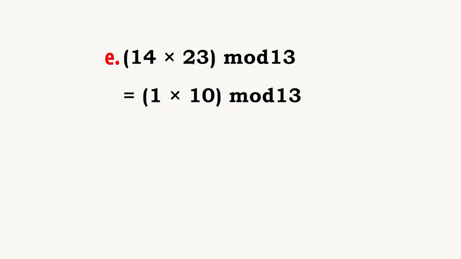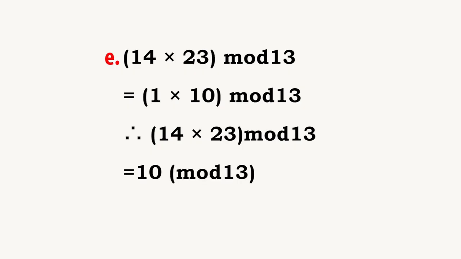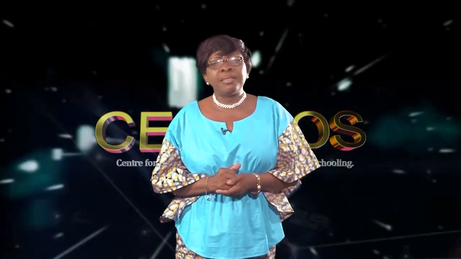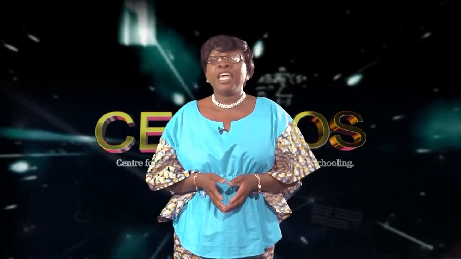As you can see, 10 is already smaller than our mod, so we will not need to change. And therefore, we say 14 times 23 mod 13 is equal to 10 mod 13. I'm sure you are beginning to see that this method makes the work easier. Now let's look at F.